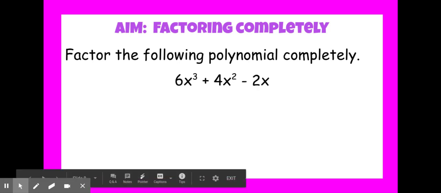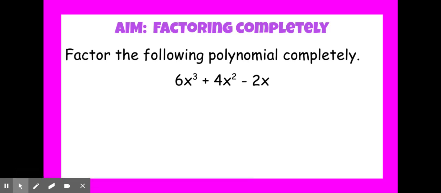Next, we're going to go to something like this. So this looks like a trinomial, but it's something that we've never seen before. So that's why you ask yourself, is there a greatest common factor? Is there something in common between 6x cubed, 4x squared, and 2x? And by now you guys are proficient at recognizing, yes, they all have a factor of 2 and they all have an x term.